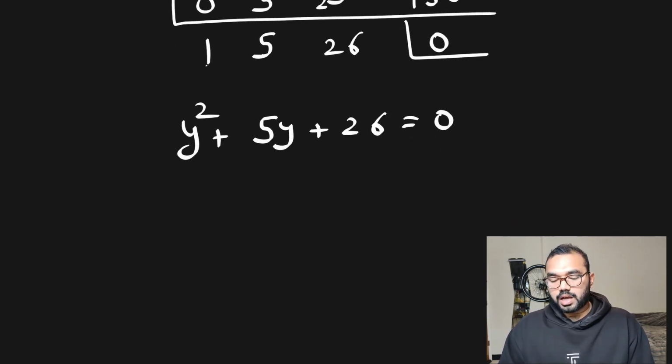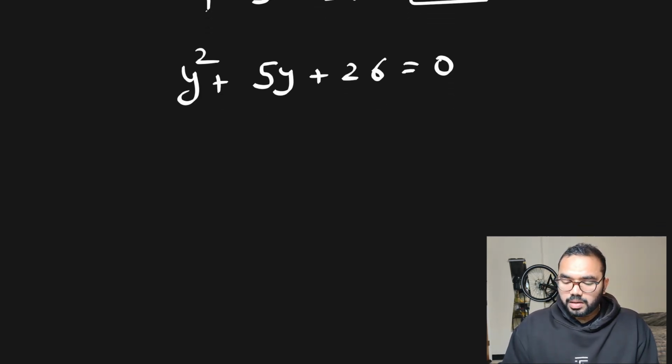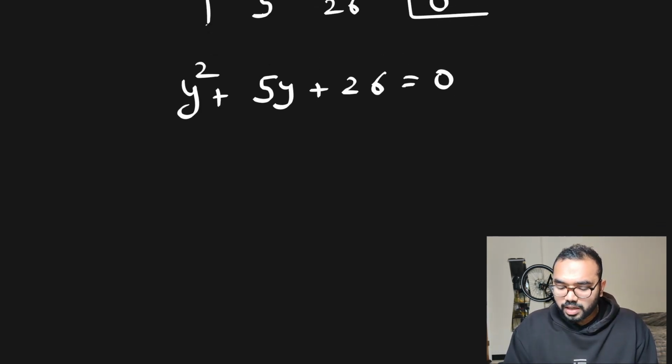Let's see if we get any real values for y, because we want this y to be a real value. We don't want to go into complex values. So let's use the quadratic formula.